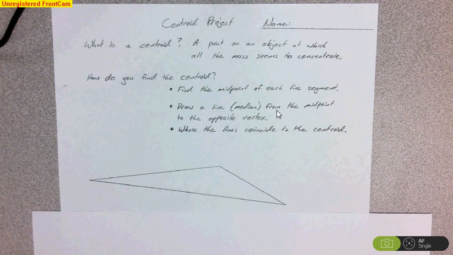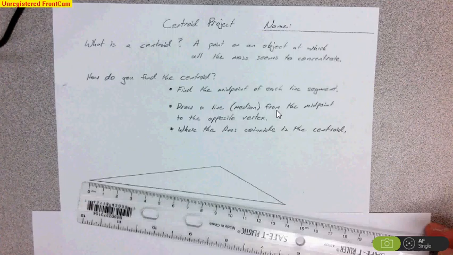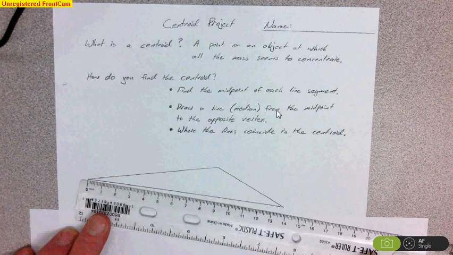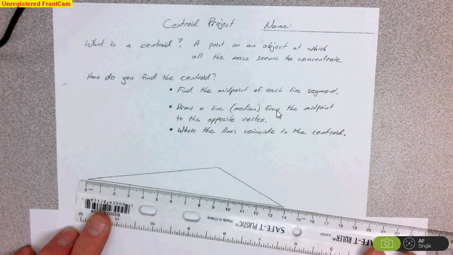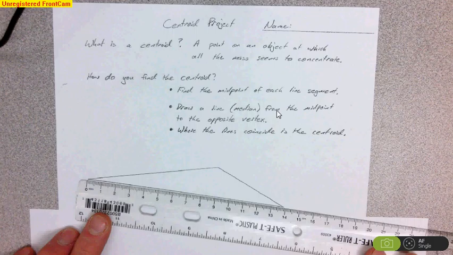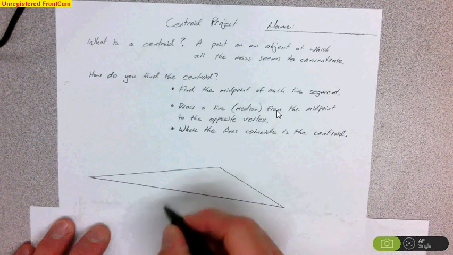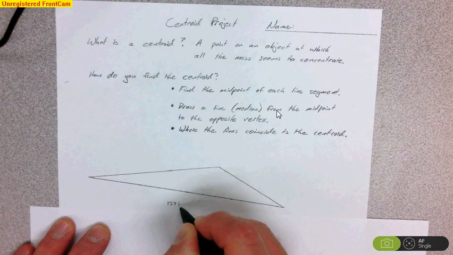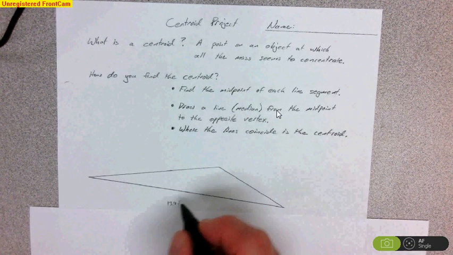Here's a triangle, and I'm going to measure the lengths of each of these sides. If I put a ruler right next to this side, I see that this distance is about 13.9 centimeters. I'm going to cut that into two equal pieces, so I'm going to divide it by 2.